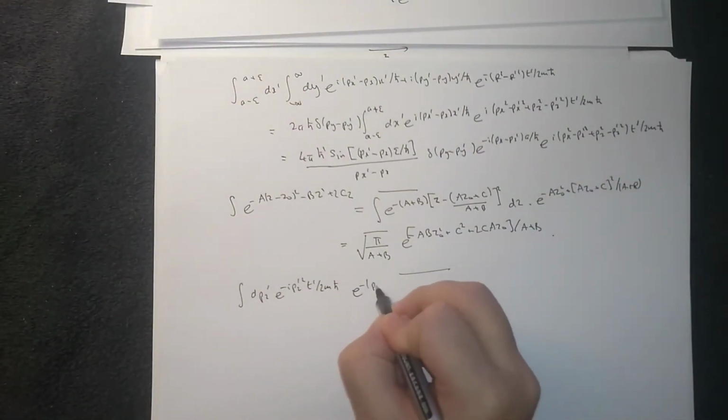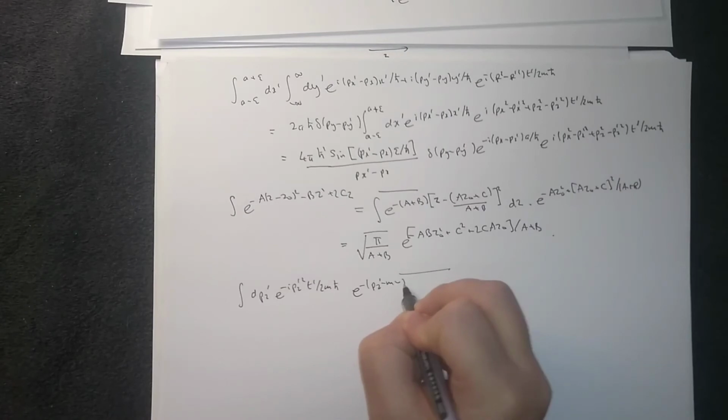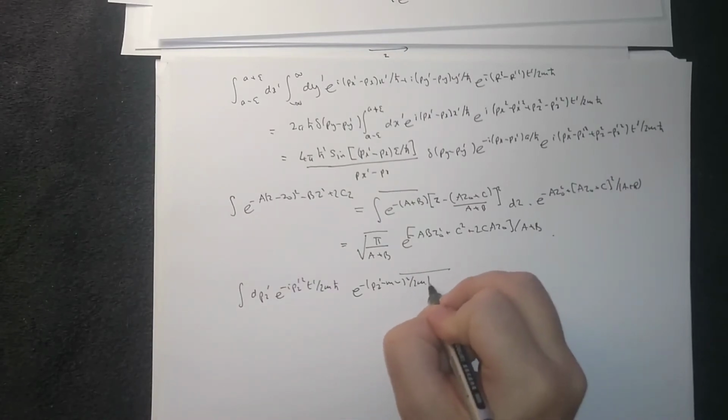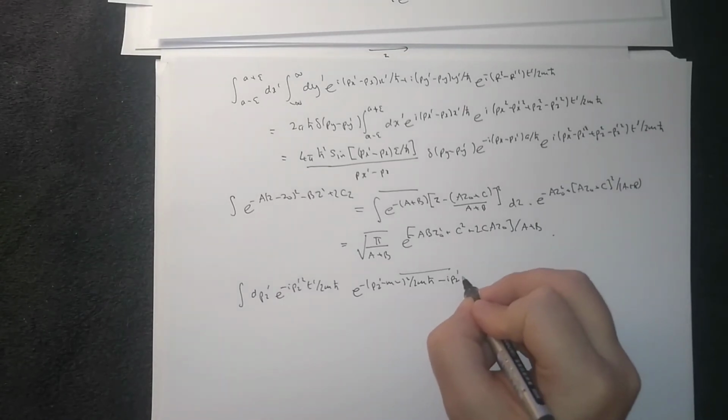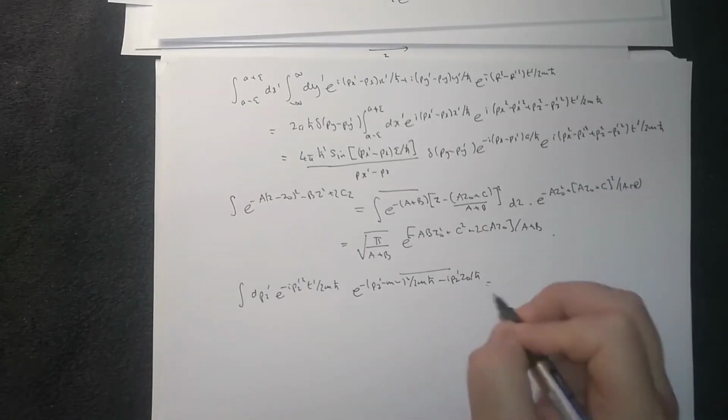E to the minus (pz prime minus m v) squared over 2m h bar minus i pz prime z naught over h bar.